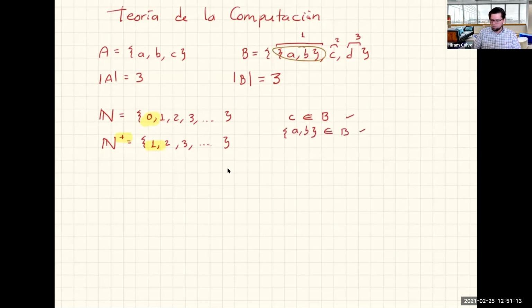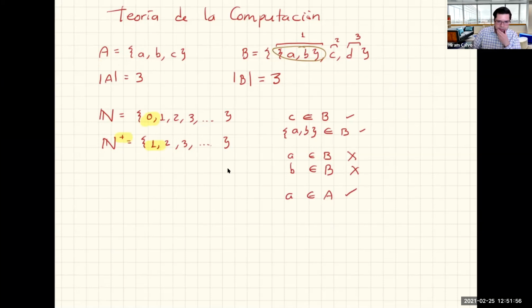You can say these two things. However, we cannot say A belongs to B. Why? Because we have A here that is enclosed inside another set. So this is not true in this case. A does not belong to B, nor B belongs to B. These two are not true. However, it is true for A. If I say A belongs to A, yes. Why? Because we have this part. A belongs to A, B belongs to A, etc. Okay?